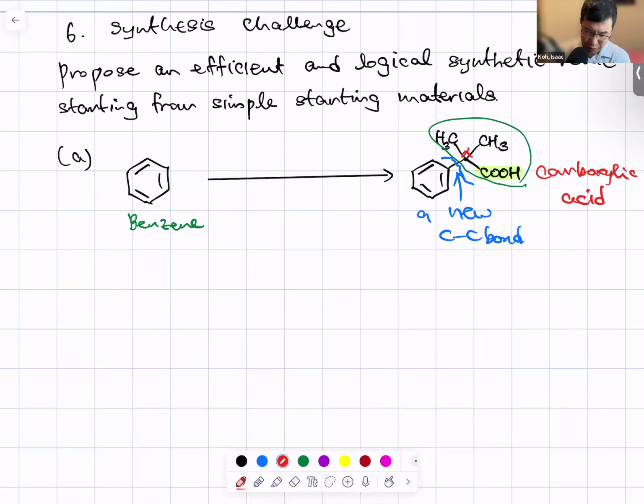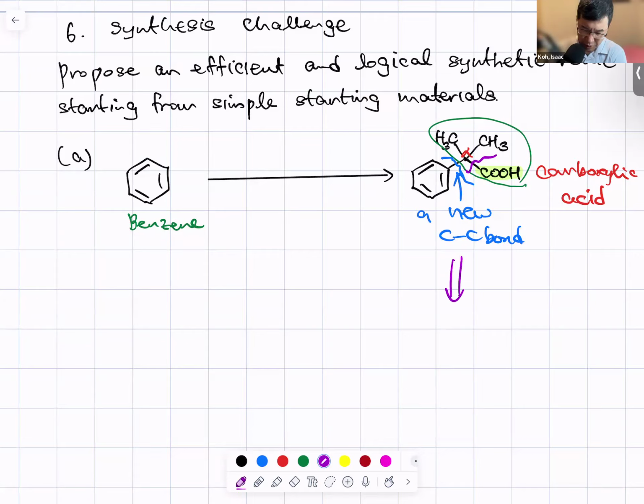Let's do retrosynthetic analysis. First, let's cleave this carboxylic acid. Because the alpha carbon is a tertiary position, we can use a Grignard reaction.